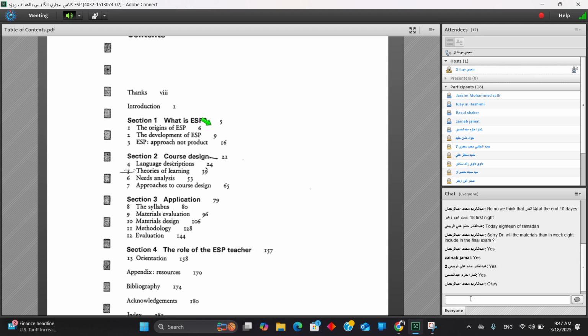Section 2 is related to course design. Section 3 is related to application, meaning the practical considerations. And section 4 is related to the ESP teacher. Each section has some chapters.